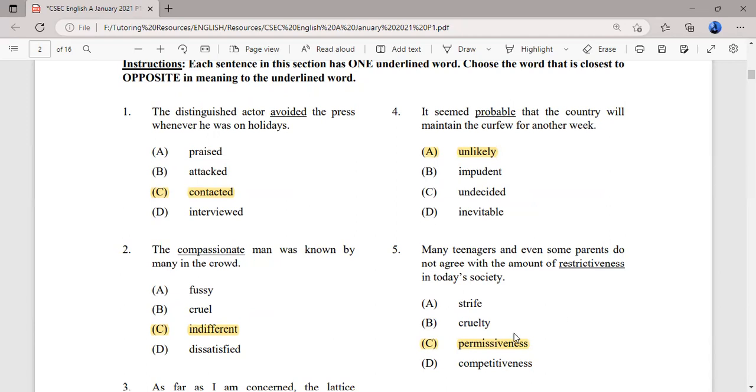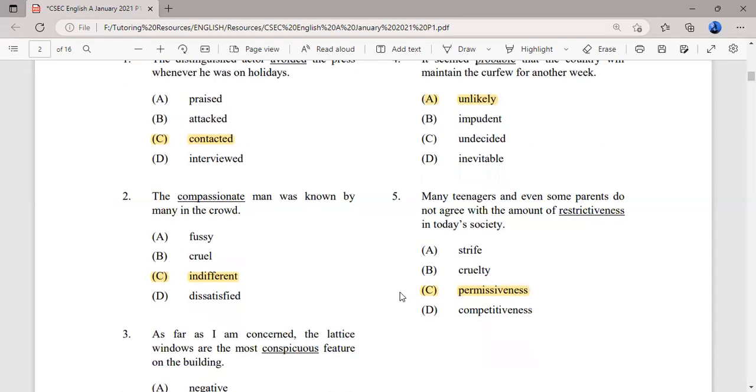Number 5. Many teenagers and even some parents do not agree with the amount of restrictiveness in today's society. We all know what restrictiveness means. Out of all the options that we have here, permissiveness makes the most sense.